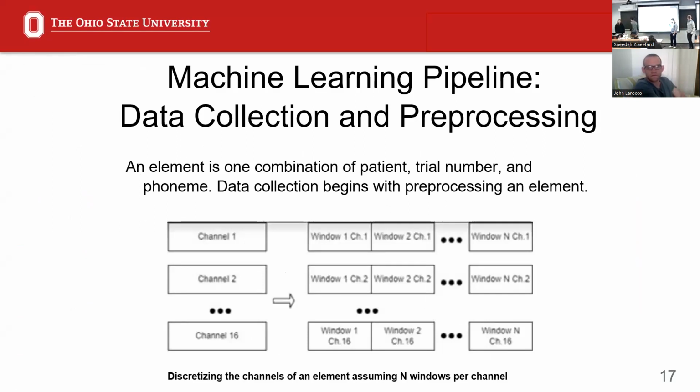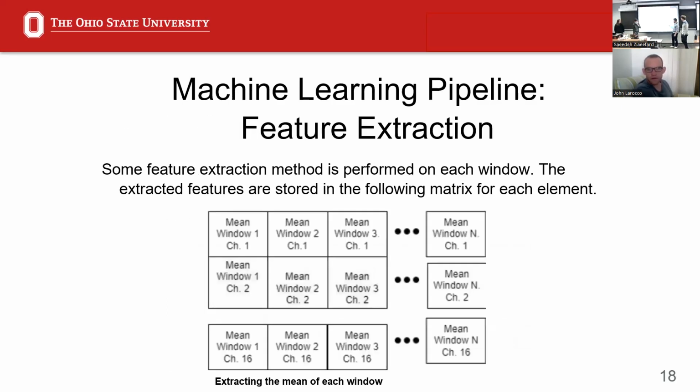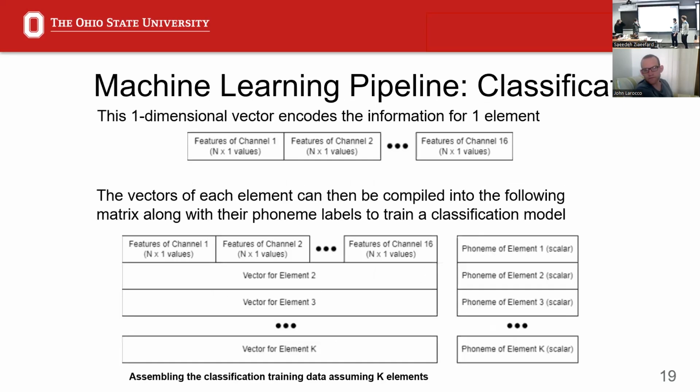So we have 16 channels, and then you're breaking it down into N windows. Is N the same as K in the next slide? No, N is the number of windows per channel. This is a parameter we still need to test, right? Right. But if you go to the slide after this, K is the number of all the combinations of trials, phonemes, and patients.